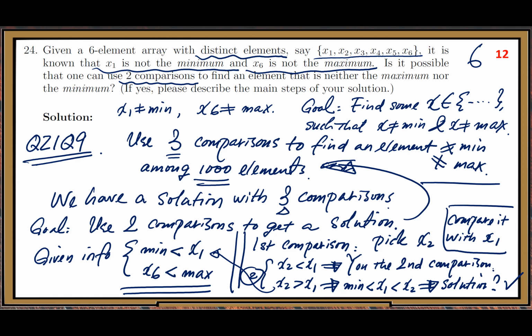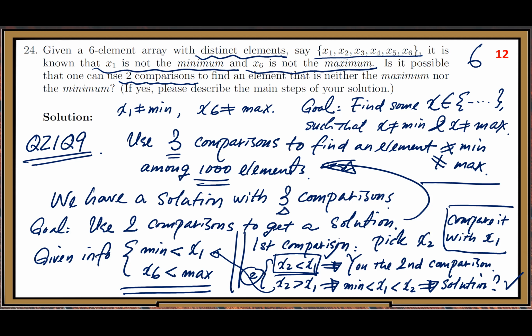This second comparison, you should use it in a smart way. When you use the second comparison, you can assume x2 is less than x1. This information is useful, so you put it aside, then try to design your second comparison.